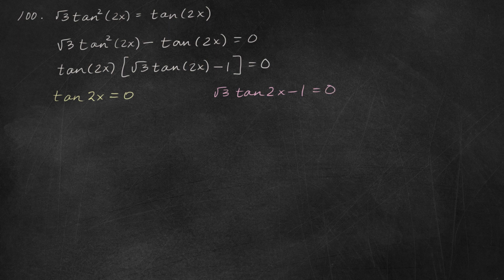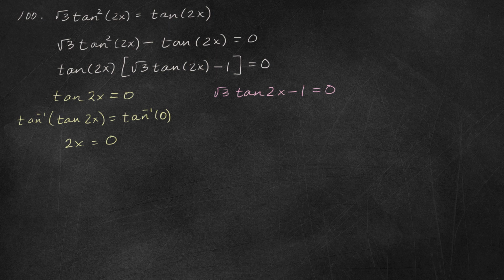So let's go back to tan 2x equals 0. If I take the tan inverse, which is just another notation for arctan, of both sides, tan inverse of tan 2x gives me 2x, and the tan inverse of 0 is 0. But again, that's only giving me a single solution.